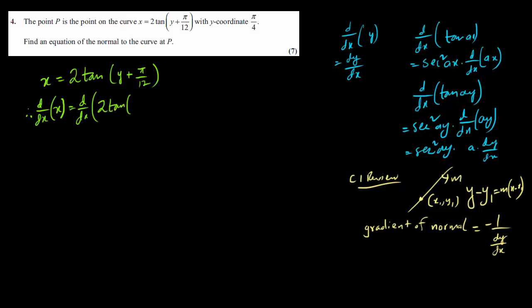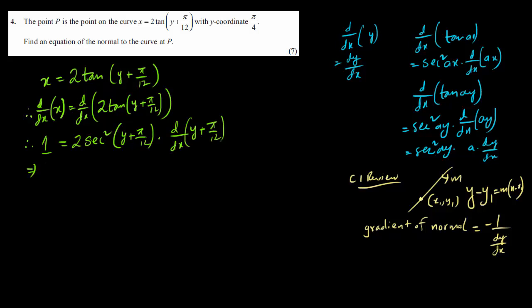So d by dx of x is 1, and d by dx of 2 tan theta is 2 sec squared theta times the chain rule, which is d by dx of the angle y plus pi by 12. So this is going to be 1 equals 2 sec squared of y plus pi by 12. Now think of pi by 12 as a constant. So d by dx of y is dy by dx.